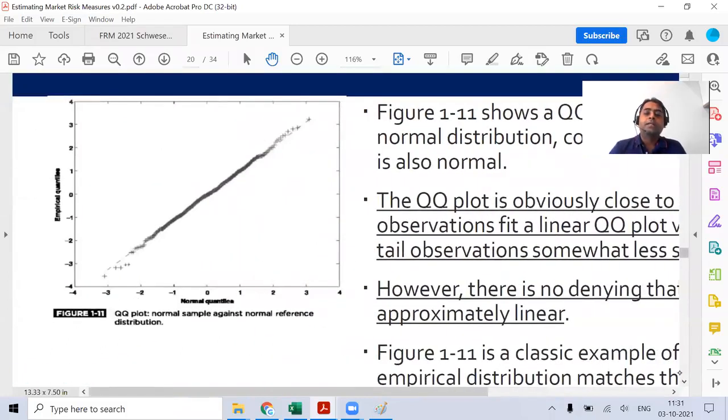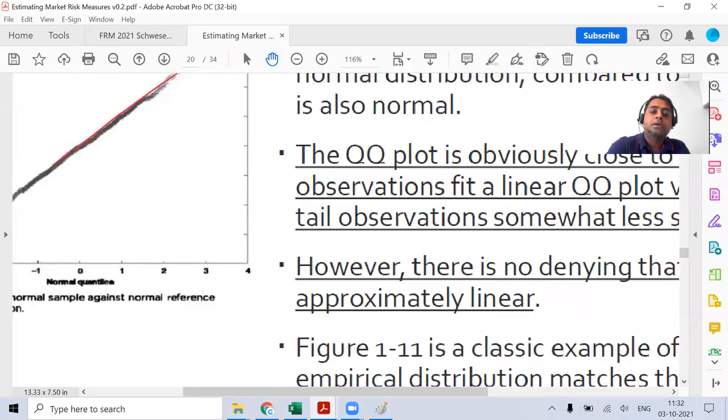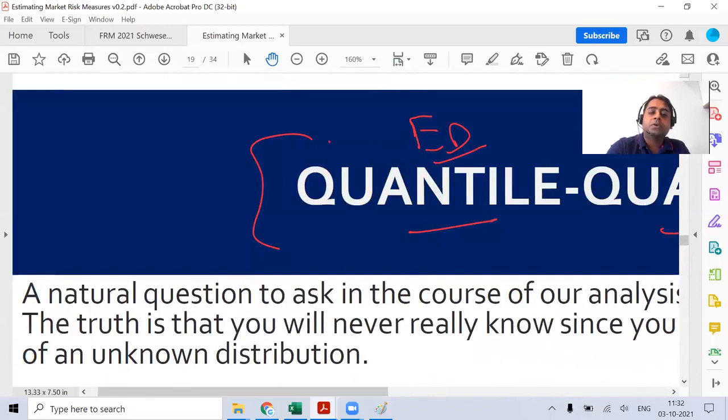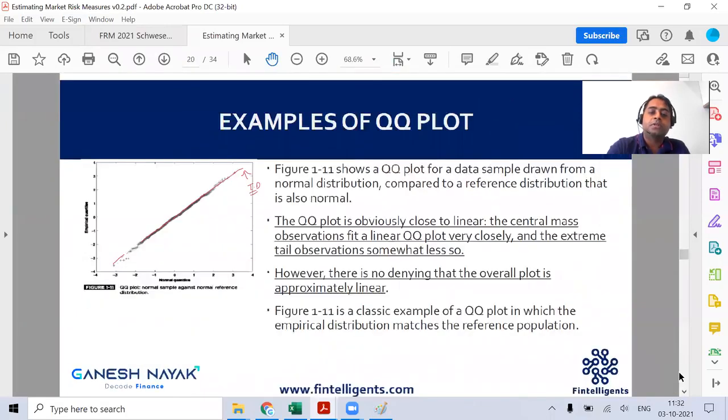zooming in. In this diagram, actually there is a line. First we have plotted this line. This line was my theoretical distribution, that means my assumed. And then I started putting these dots, which you can see on the screen. Sorry, this is because of the PDF file.